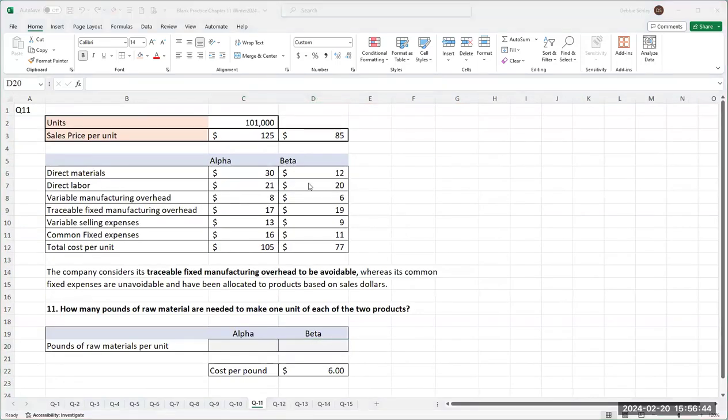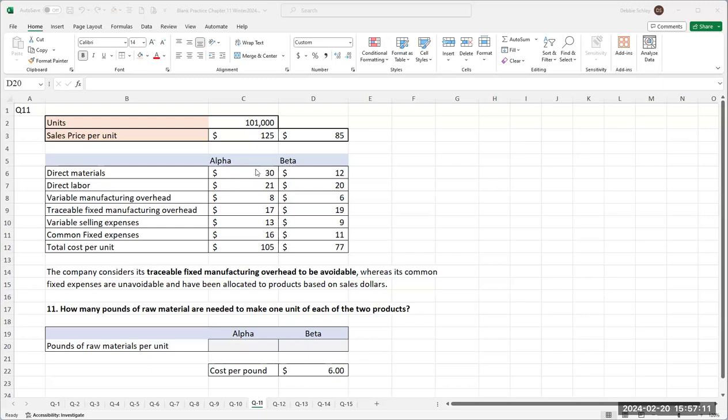Question 11. How many pounds of raw material are needed to make 1 unit of each of the 2 products? In looking at this, it gets really confusing to some students because they think they did not give me enough information. Well, remember, raw material is another name for direct material.